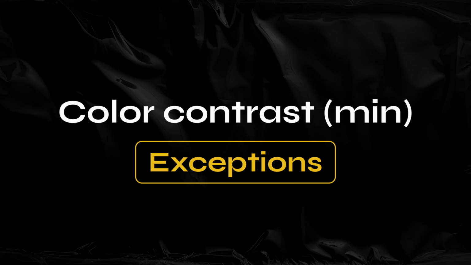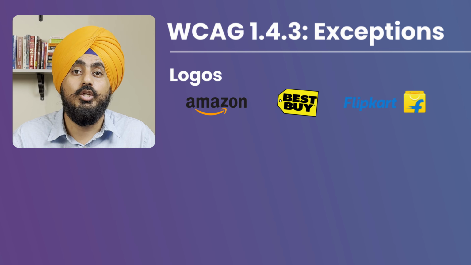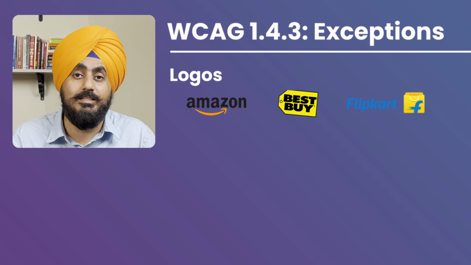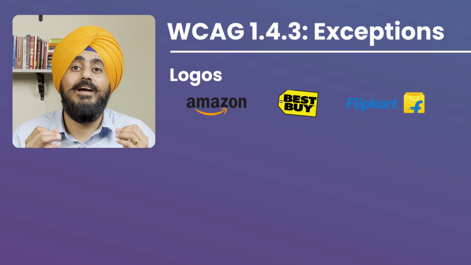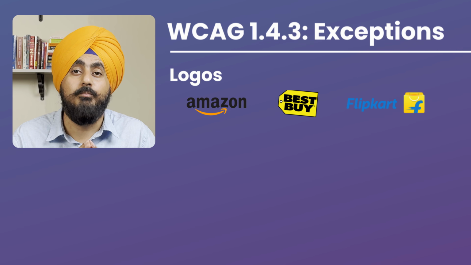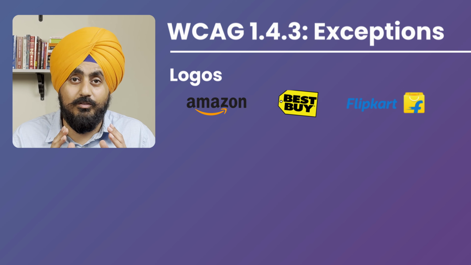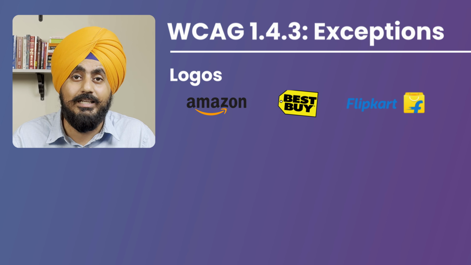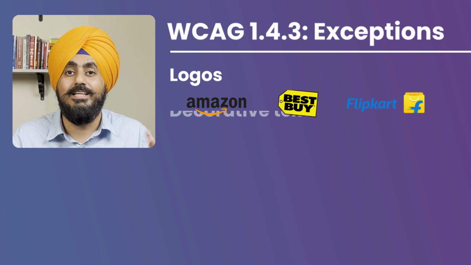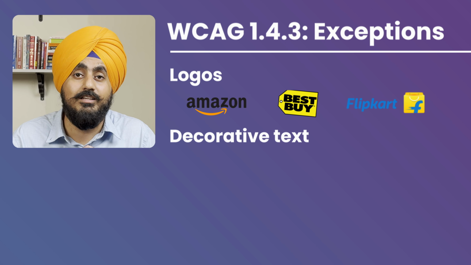But there are a few exceptions. Logos do not have to meet this contrast requirement. However, I have rarely seen any logo which is below 3:1 because companies take pride in clear brand recognition. Secondly, decorative text does not have to be at 4.5:1.